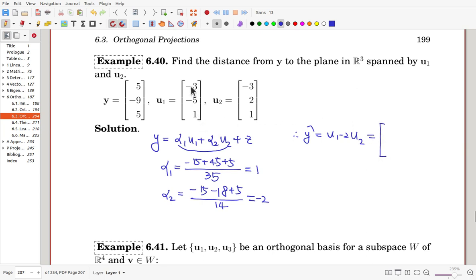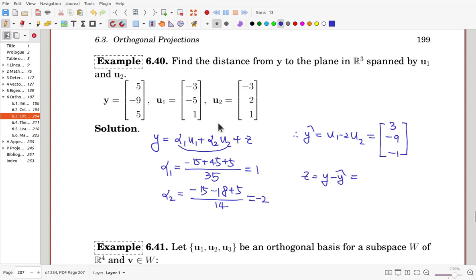From u1, twice is subtracted, that means 3, twice subtracted, so that's minus 9, right? That is twice subtracted and twice subtracted, minus 1. Okay, that's y hat. And z will be y minus y hat.